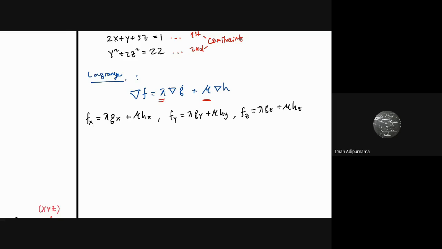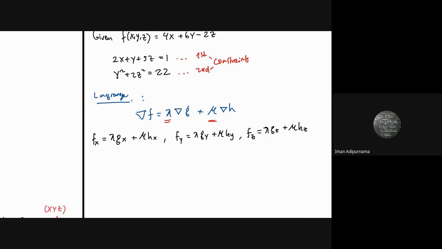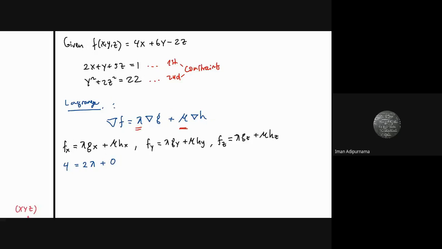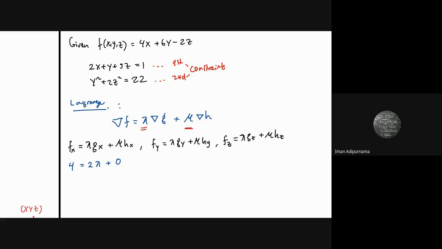Okay. So this will be 4 and then 2 lambda plus 0, because there is no x in the second constraint. And then for the partial y, we have for f is 6 and then lambda plus 2y mu.